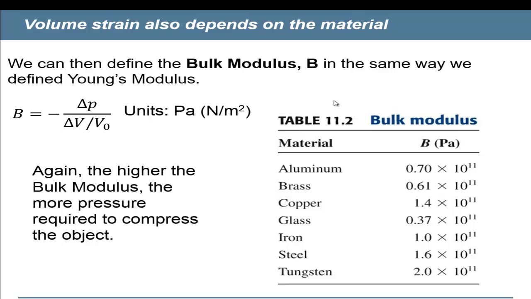So the higher the bulk modulus, the more pressure is required to compress the object, right? So you can see a lot of similarities, a similar trend to what we saw for Young's modulus. We see that tungsten has the highest bulk modulus, brass has much lower, glass has the lowest, aluminum lower again still.